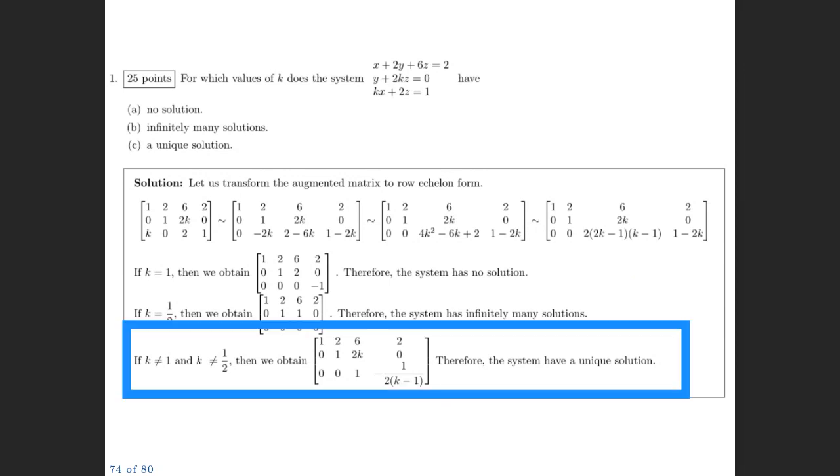And then finally, if k is not 1 and k is not a half, we can row reduce the matrix a little bit further. And then we can see that there are 3 pivots. That means 3 basic variables and no free variables, so there must be a unique solution.